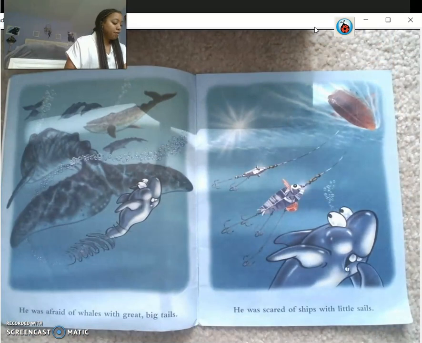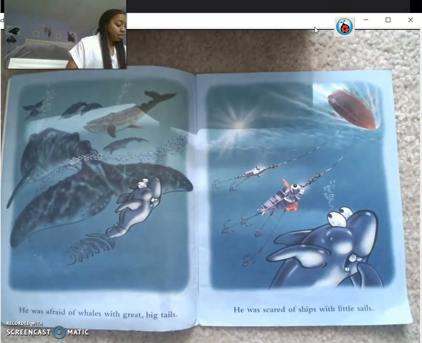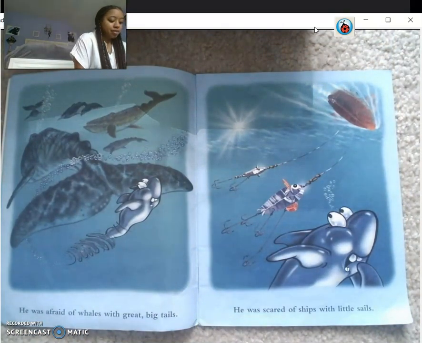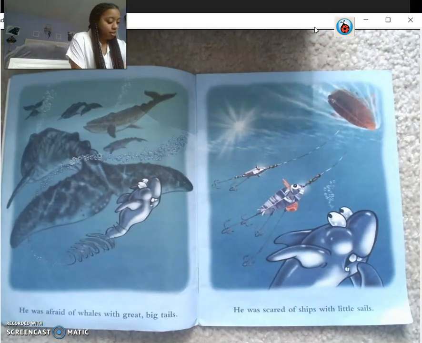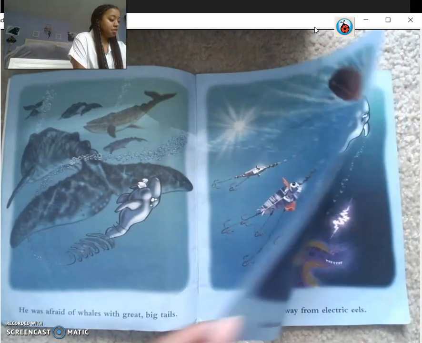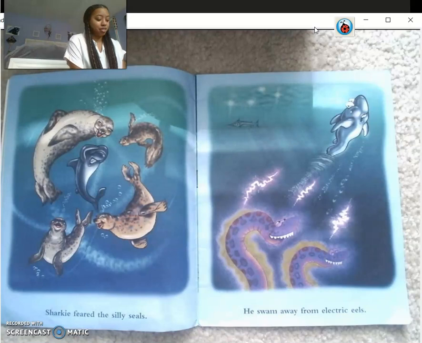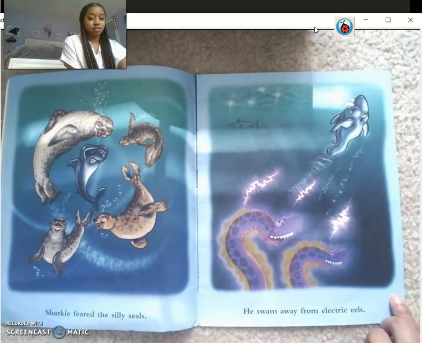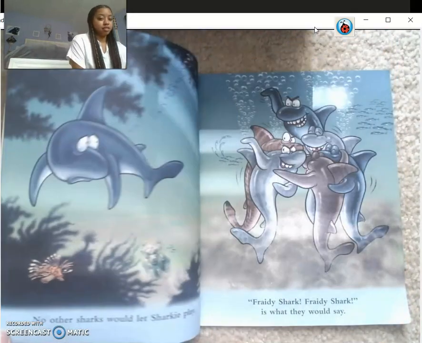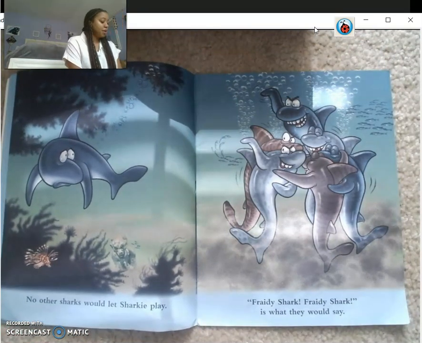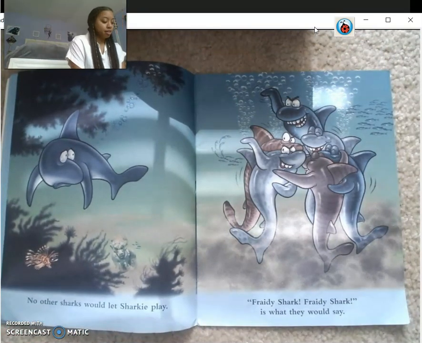He was afraid of whales with great big tails. He was afraid of ships with little sails. Sharky feared the silly seals. He swam away from electric eels. No other sharks would let Sharky play.